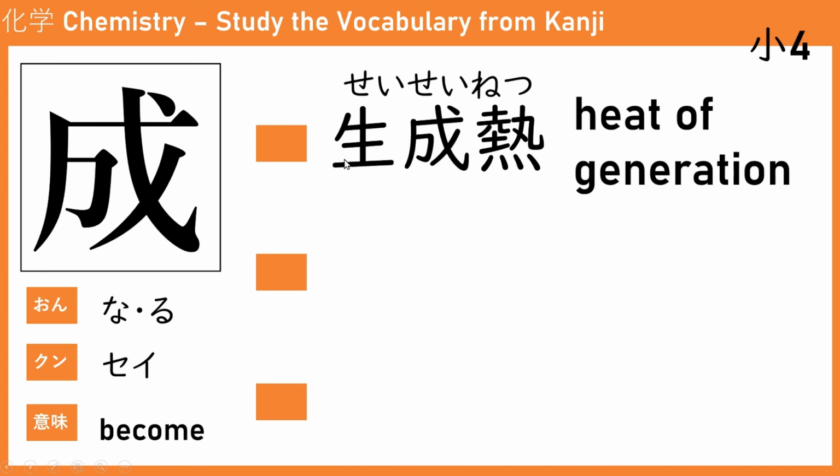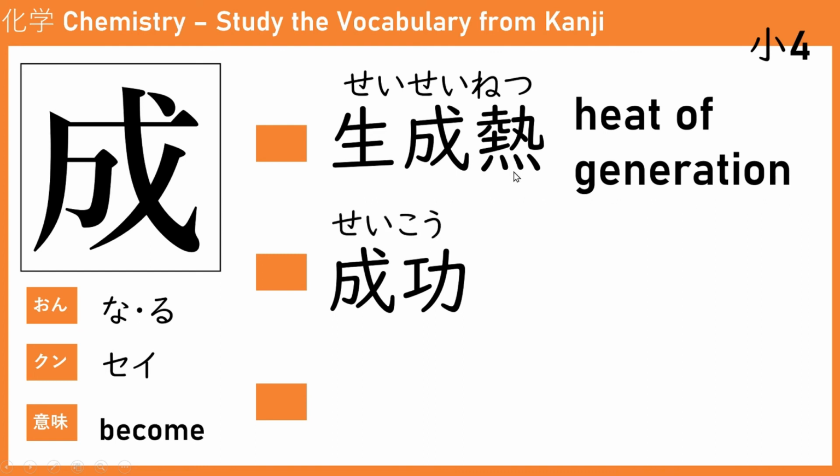Seisei is to generate, netsu is the heat. We learned this in Japanese class. Seiko means success. For example, if your experiment is a success, jikken seiko.